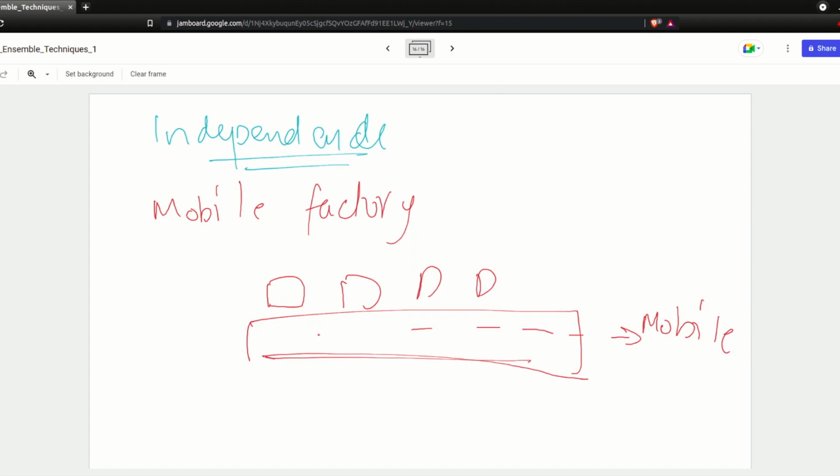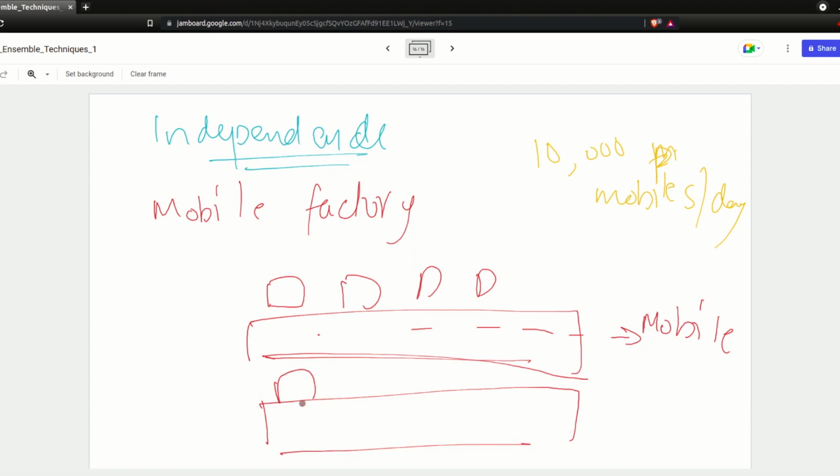Let's say you were to generate 10,000 mobiles per day. Now, if you were to increase the performance, what would you do? You would put another conveyor belt in parallel and generate another 10k mobiles.